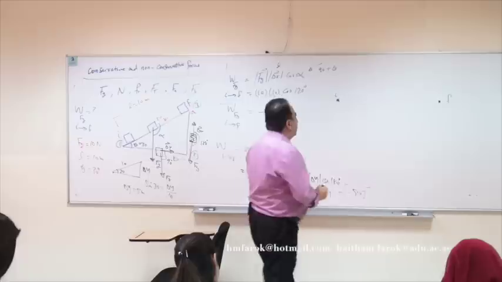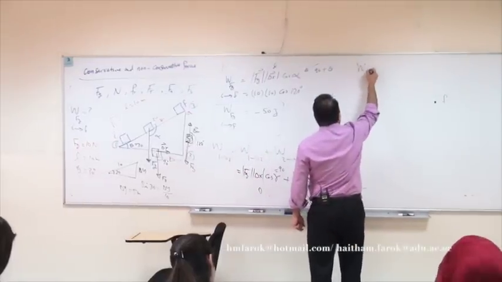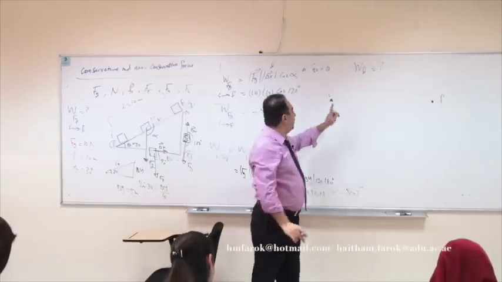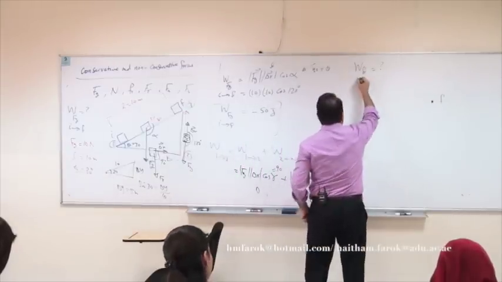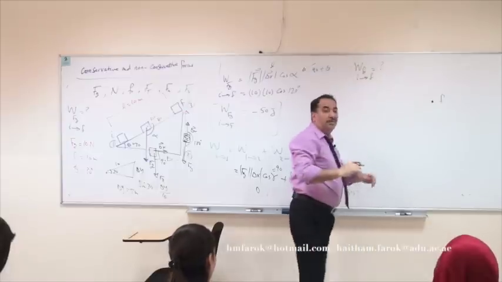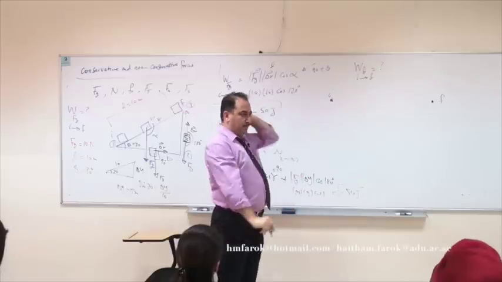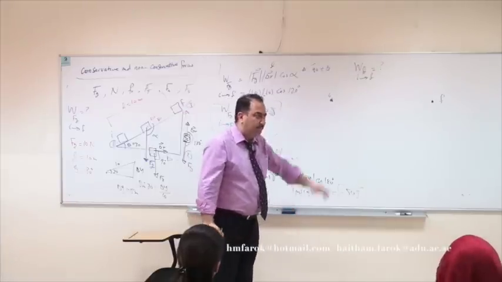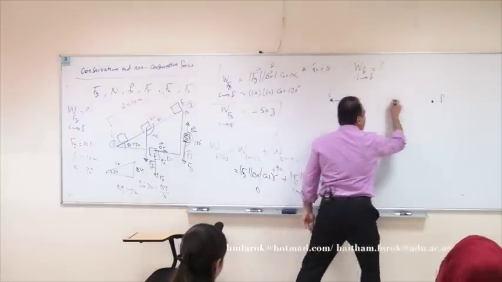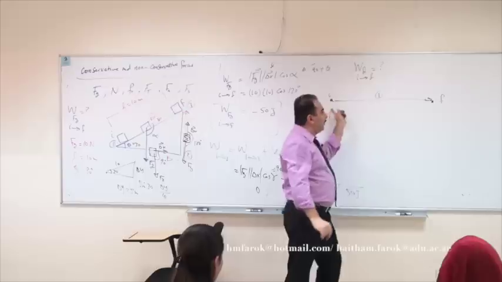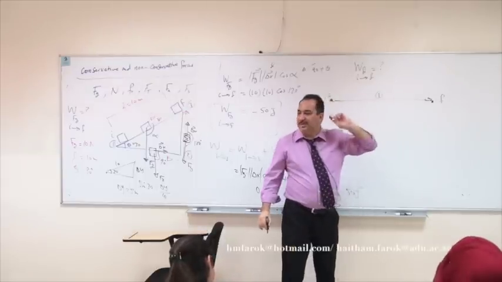Now, what's the question here? What is the work done by friction, which is non-conservative, yes? To go from I to F, but using different paths. First path, straight, yes? So I go from I to F straight, path number 1. Now let's say from here to there, 5 meters.